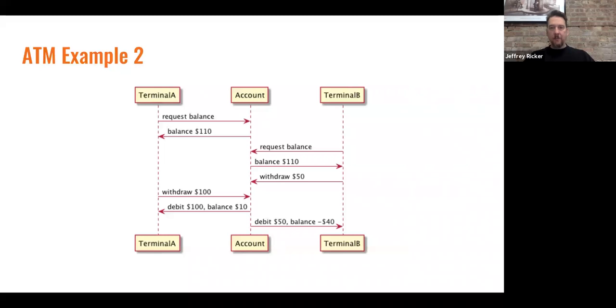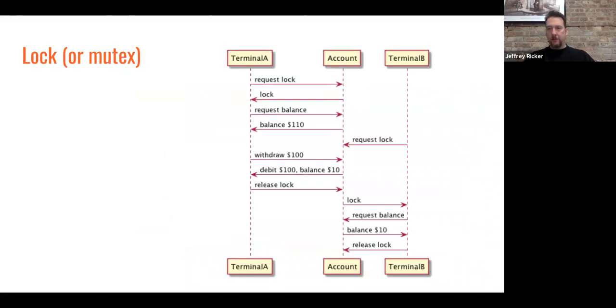And the answer there, the most common one, is to use a lock or a mutex, a mutually exclusive object, a lock. And here's how the same scenario works with that: in order to do a transaction, the terminal first requests a lock on the account, which means that nobody else can change the state until I release the lock.